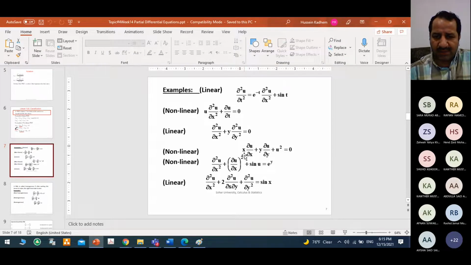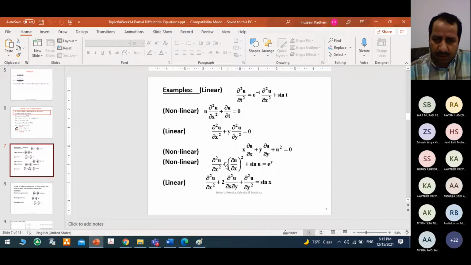Non-linear, this one, let me see. x partial u over partial x, it's fine, no issue with this. y partial u over partial y, also fine, because u is a function of x and y. x and y multiplied by the derivative of the original function, it's fine. But u square here is a sort of non-linearity, because the issue is with the dependent variable itself.